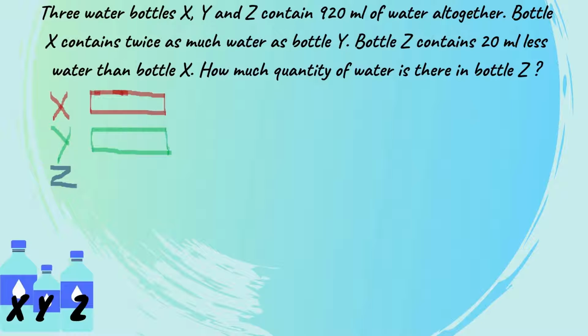So it should be like 2 units. Now, as you can see, X contains twice as much water as bottle Y.